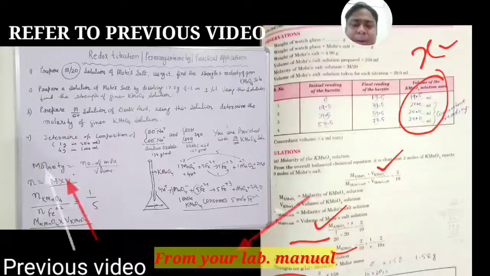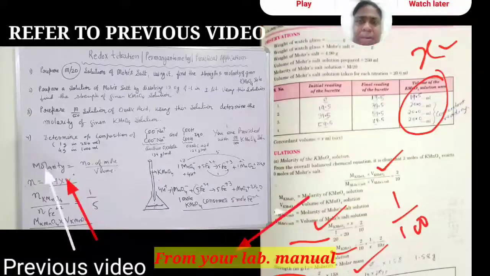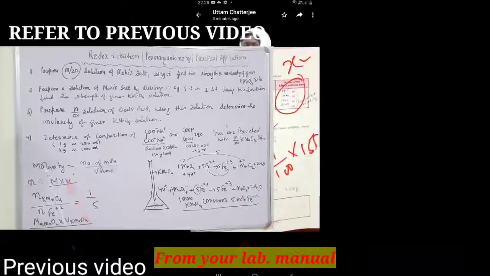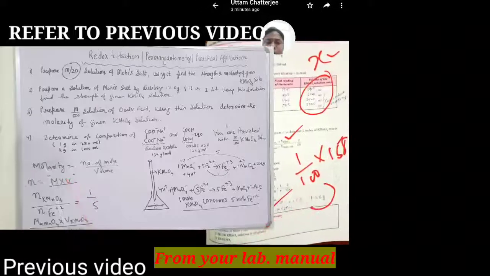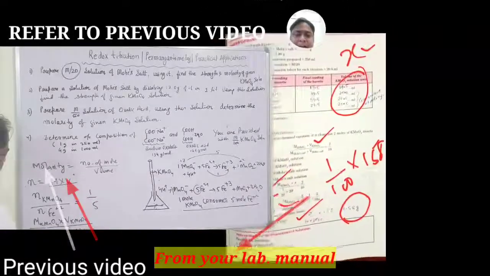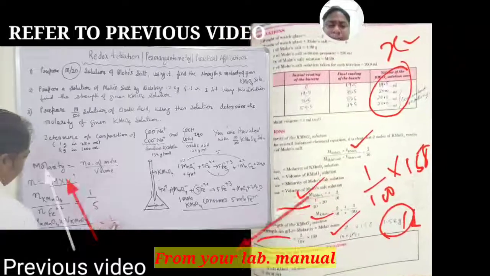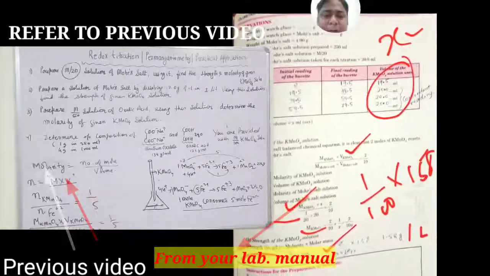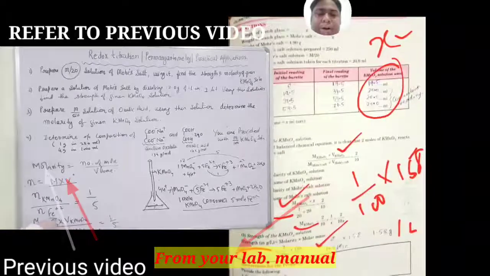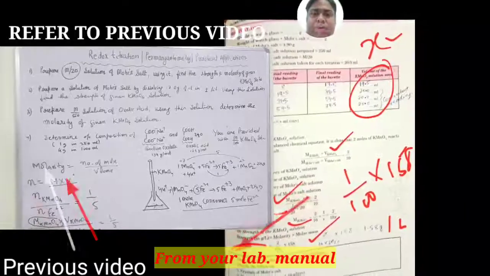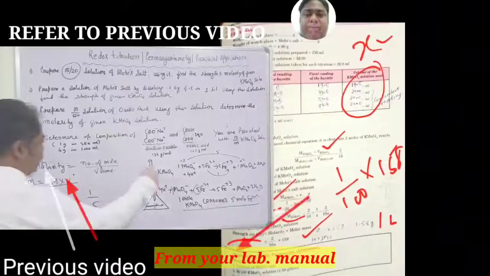It is very easy, by multiplying it with the molar mass. So 1 by 100 multiplied by the molar mass will give 1.58 gram per liter. That is 1.5 gram per liter, or 1.58 gram per liter of KMnO4. So this is the trick which we apply.